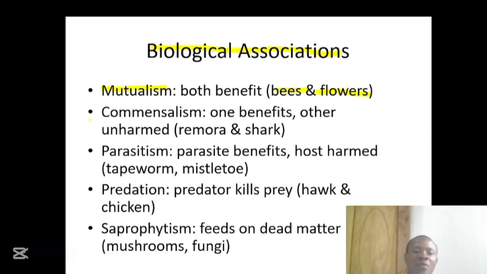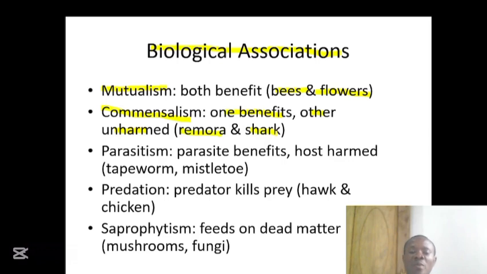And we have commensalism. In commensalism, one organism benefits and the other one is unharmed. That means nothing is happening to the other one. It is not benefiting and it is not being harmed in that process. An example is the relationship between remora and shark.